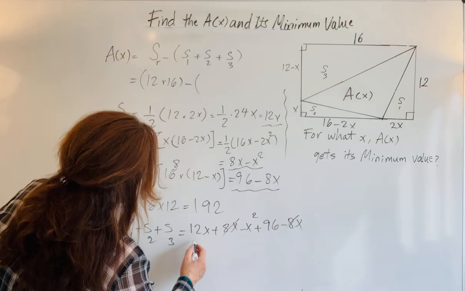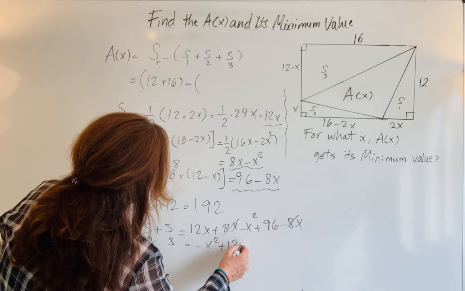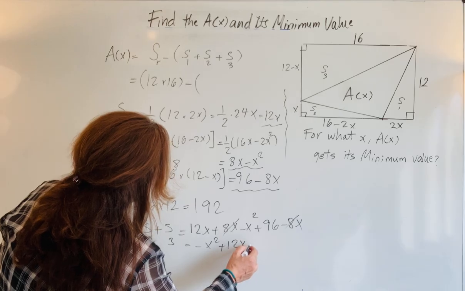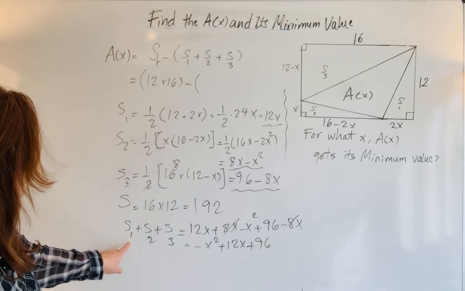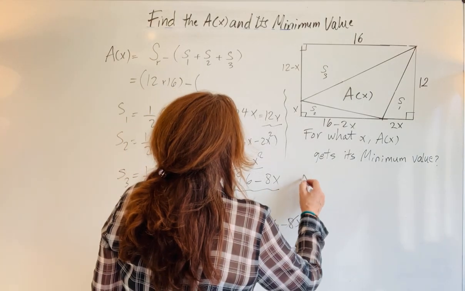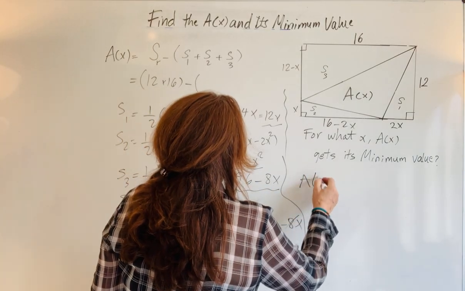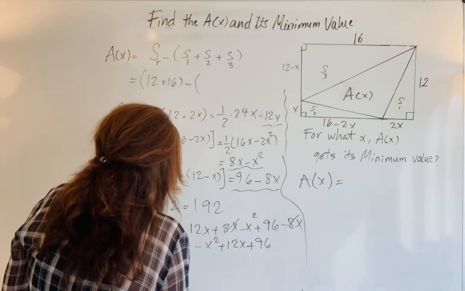We have negative x squared plus 12x plus 96, right? This is the sum of these three. Okay, A of x is what? Sorry, we need this.